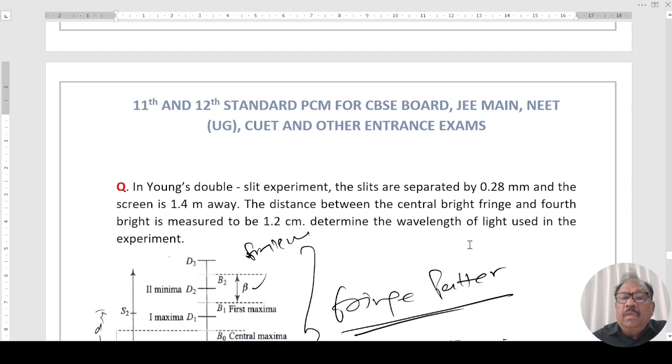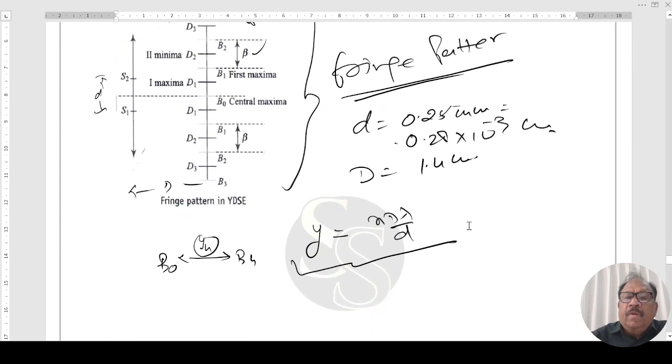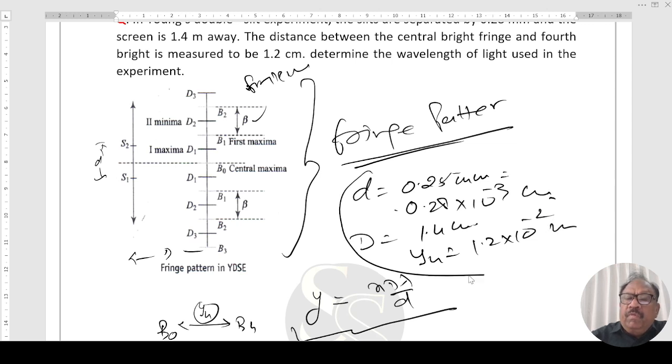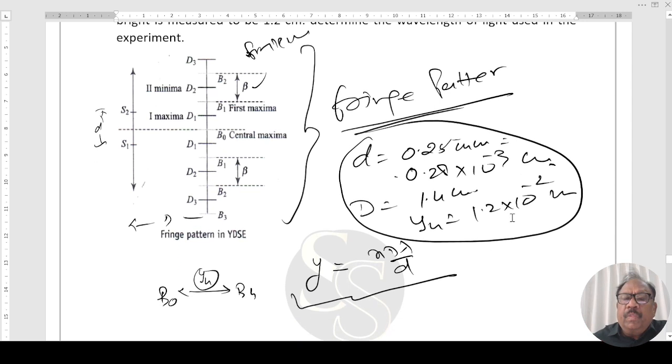We have to find the wavelength of this. Y4 is given as 1.2 into 10 to the minus 2 meter. Be very, very careful. Units should be the same, either meter, centimeter or mm.